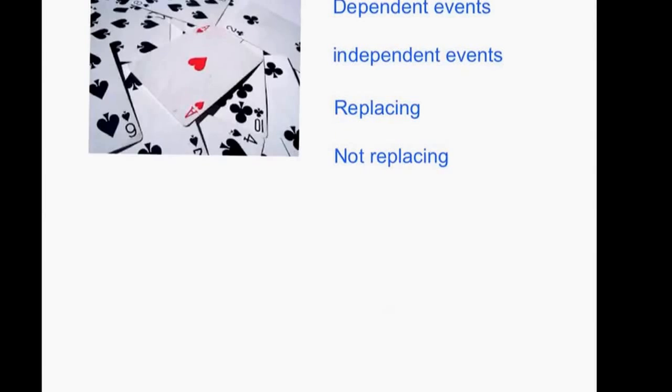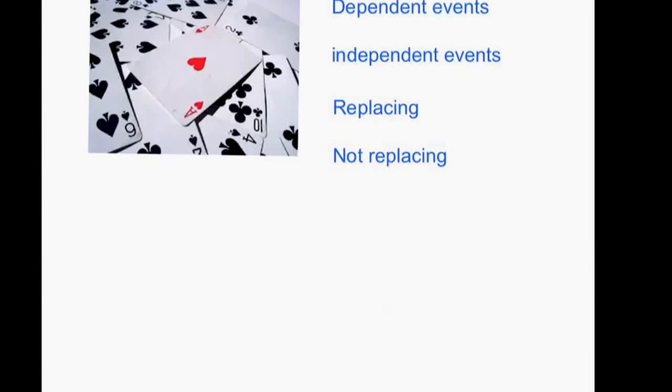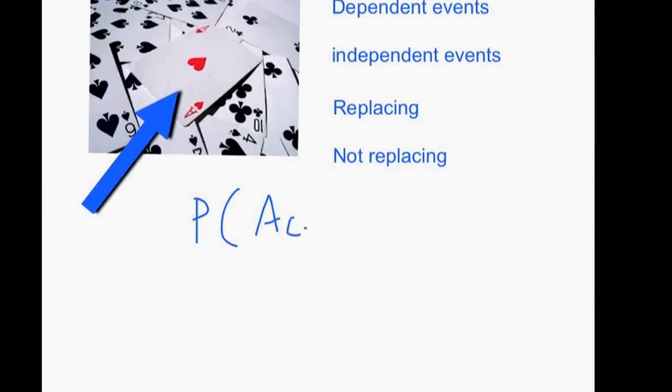When determining probability, it's super important to determine if the events in consideration are dependent events or independent events. How you make that decision is determining whether or not an outcome that happens, say for example, if you happened to pull out the ace of hearts out of the deck, and you did not replace that ace of hearts back into the deck, would that affect the probability of pulling out the ace of hearts?